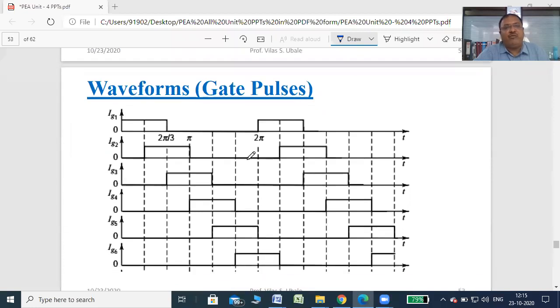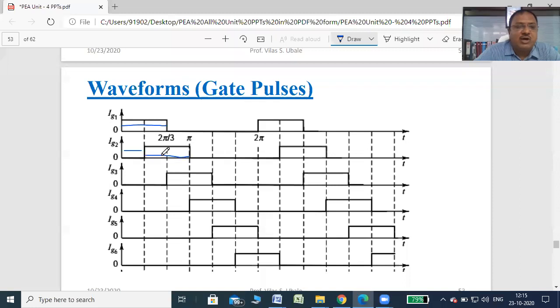Now check the waveform. These are the gate pulses. You can check the gate pulse is applied to switch 1 at instant 0. Then after 60 degrees, the gate pulse is applied to switch 2. And you can check here, the switch S1 is on for 120, right? Similarly, S2 is on for 120.